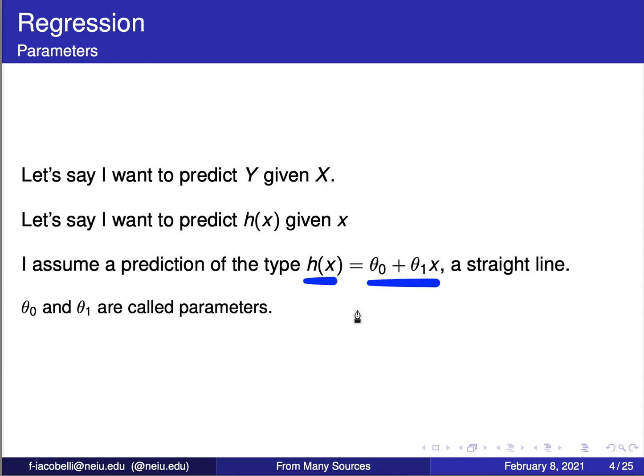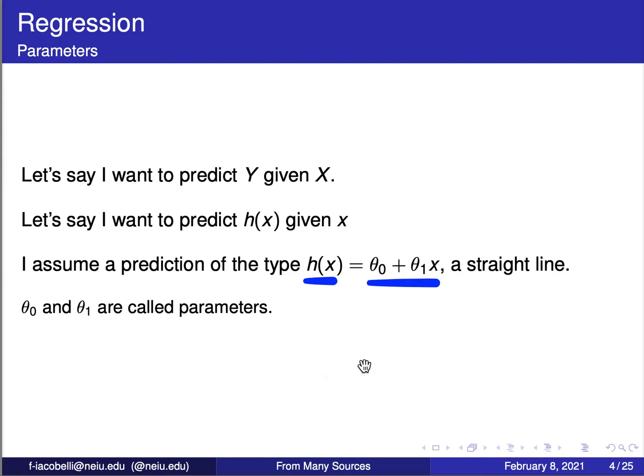Sometimes in school, the equation was given as y equals a plus bx, or a plus mx. That's an equation of a straight line. It's the same thing here. This is y, this would be a, theta 0, and theta 1 would be m.